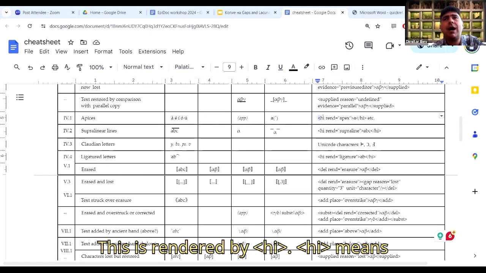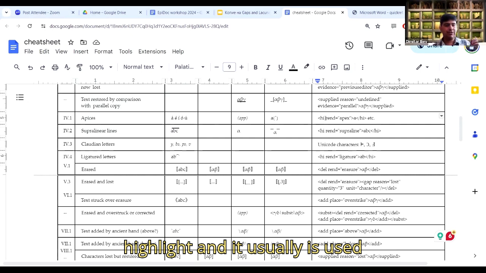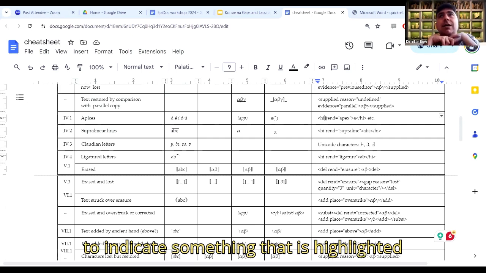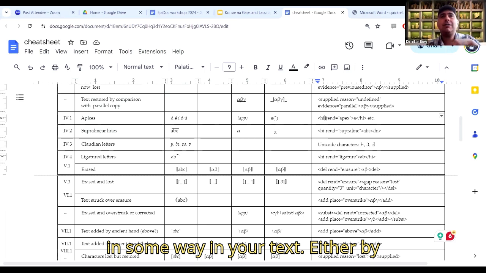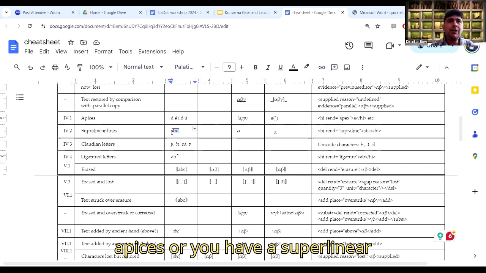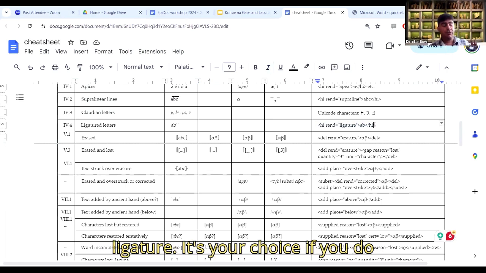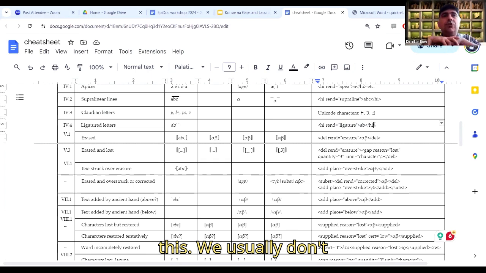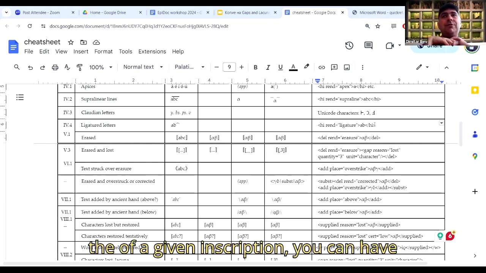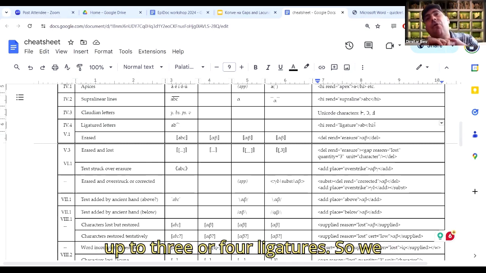This is rendered by hi, which means highlight, and it usually is used to indicate something that is highlighted in some way in your text, either by apices or you have supralinear lines. You have also ligatured letters, which can be encoded by hi, rendition ligature. It's your choice if you do this. We usually don't do this in our Greek epigraphy project, the Telamon collection, simply because the ligatures are way too many. In each line of a given inscription, you can have up to 3 or 4 ligatures.